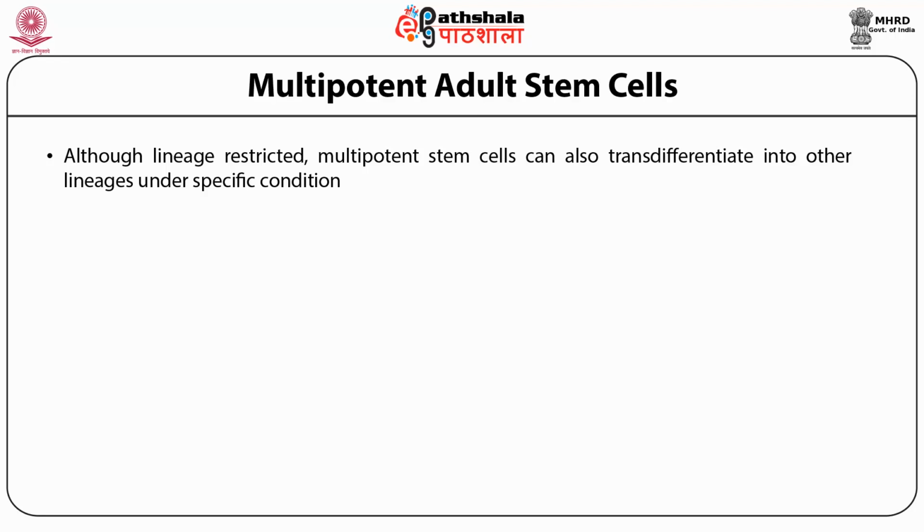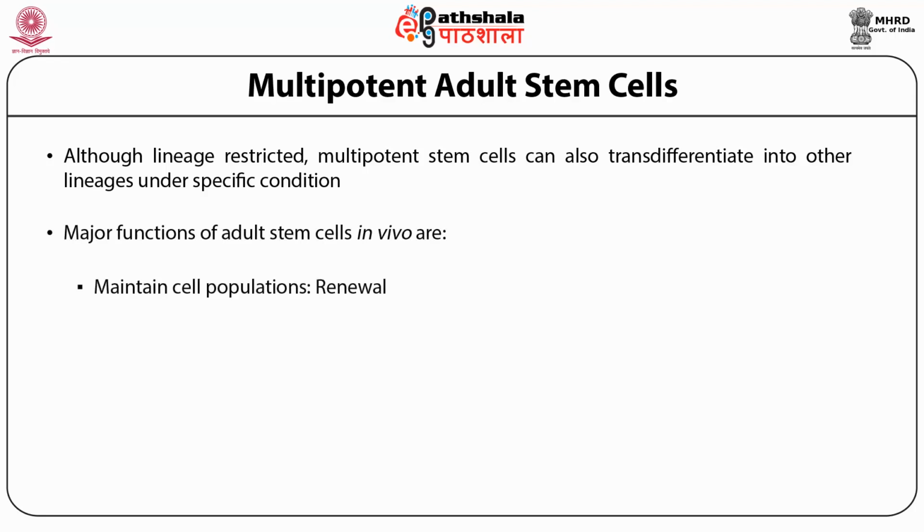In the adult, the major functions of these cells are maintaining the normal cell populations and of course helping the healing of the injured tissue. So they are involved in both repair and renewal of the adult tissues, and we can expand these adult stem cells ex vivo.